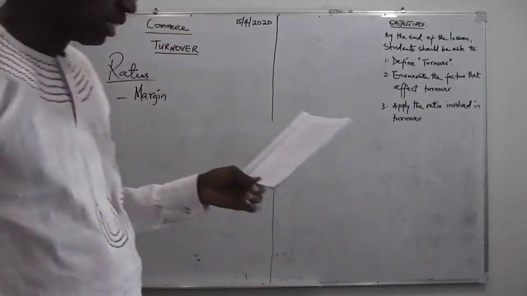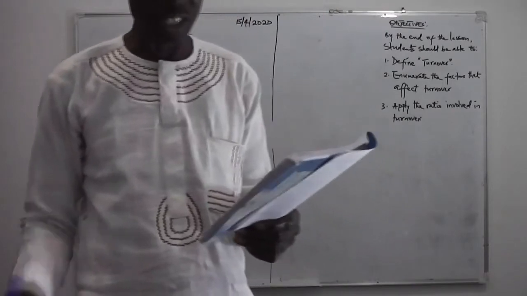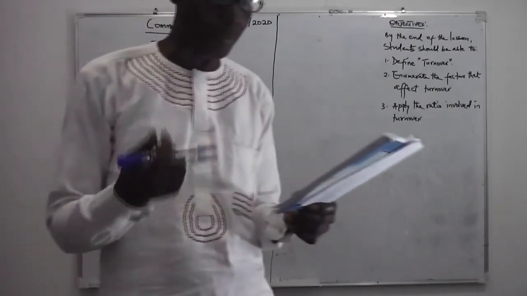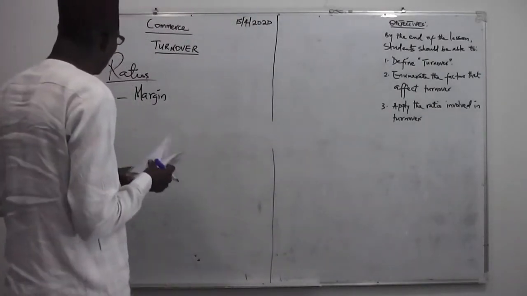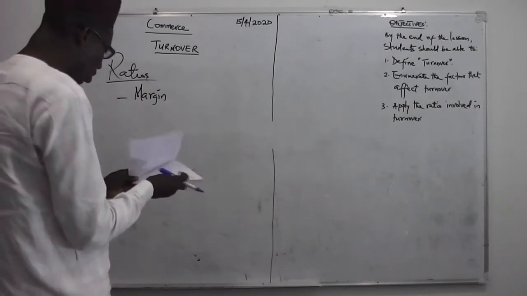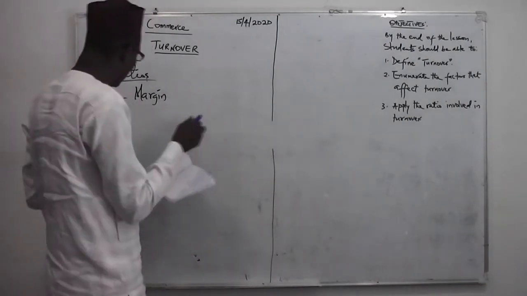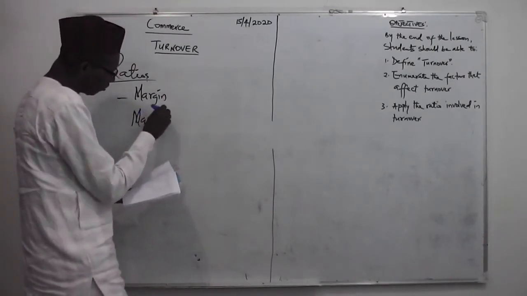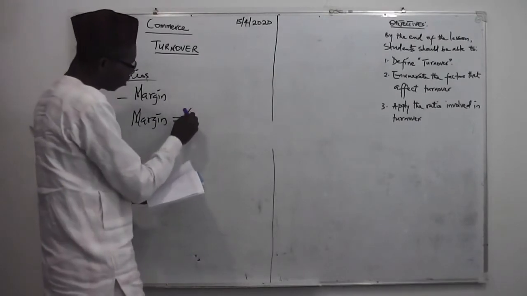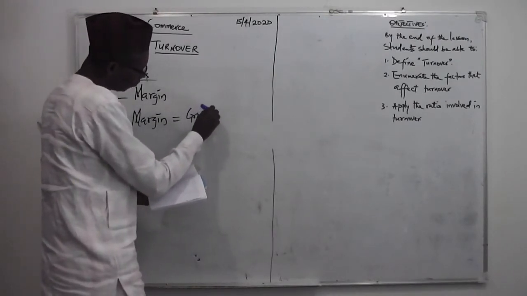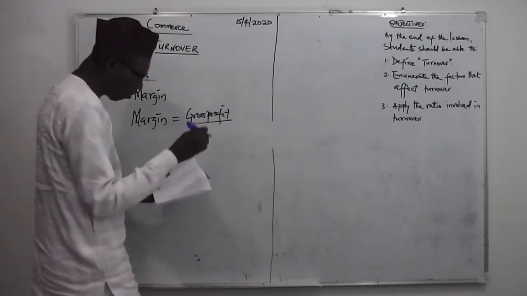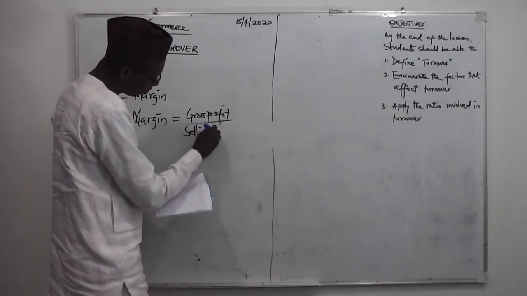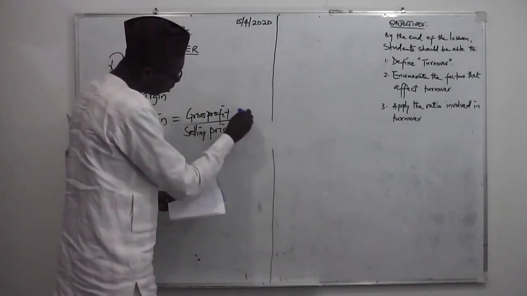Margin is simply a relationship between the profit, that is the gross profit, and the selling price. It is normally expressed as a percentage of the selling price. The formula for calculating margin is gross profit over the selling price times 100%.